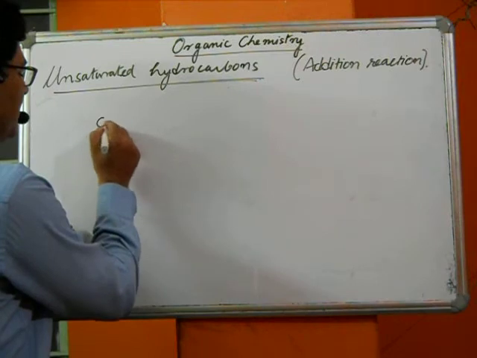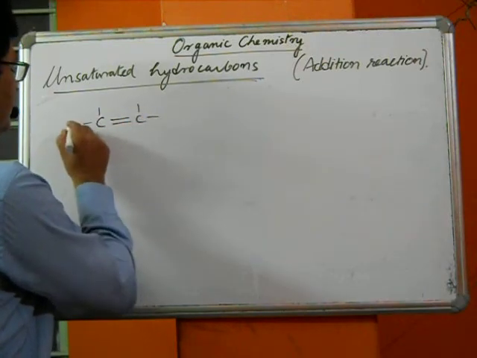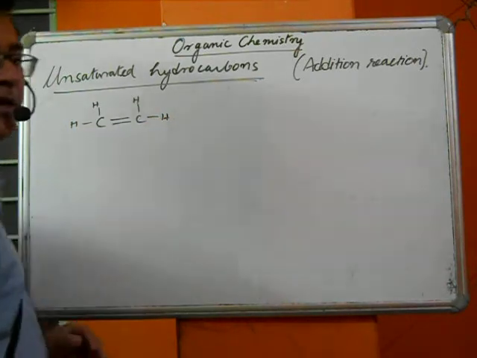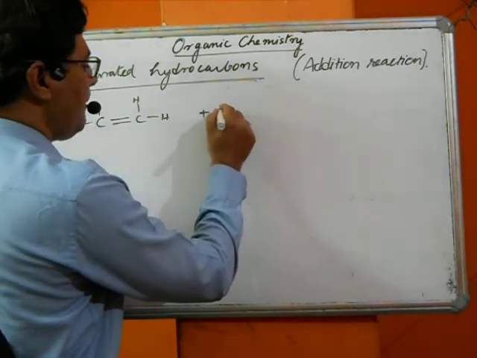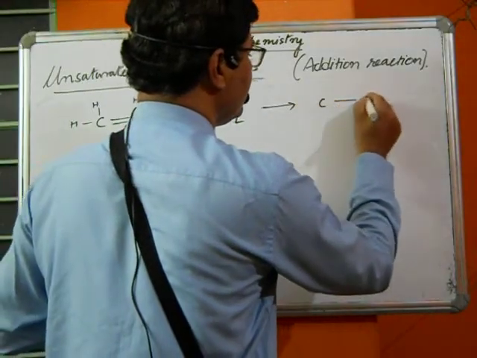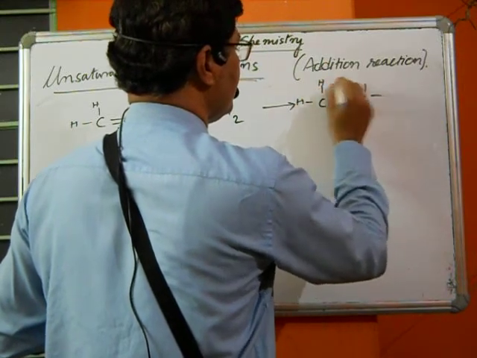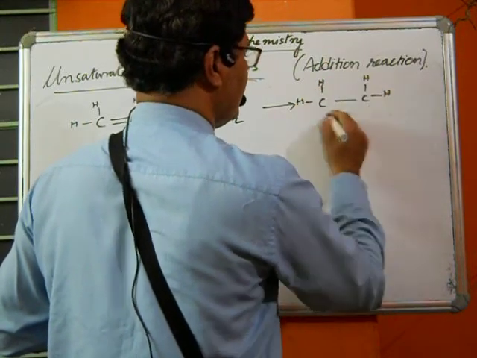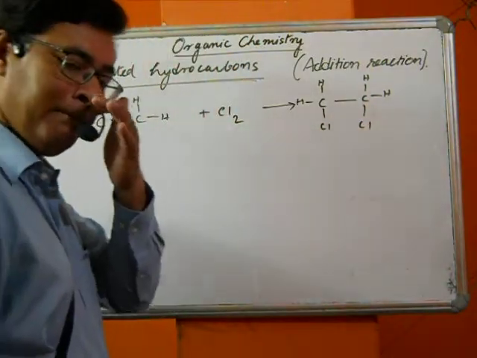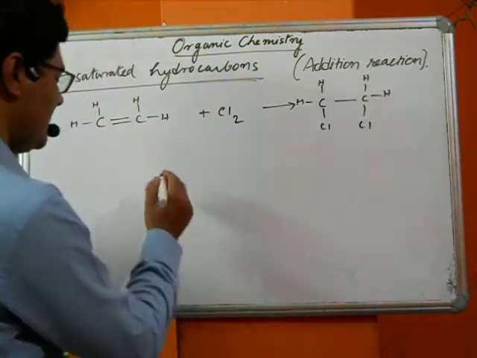Let us see. Suppose this is a double bonded compound. Right? It reacts with chlorine. This leads to the formation of this. That's all. Addition means this gets attached to this. How does it take place?